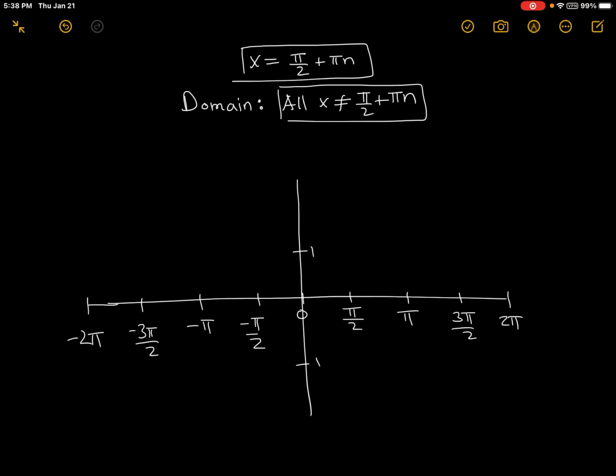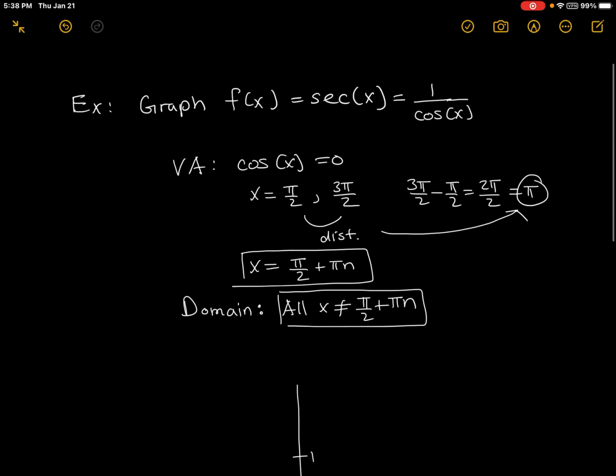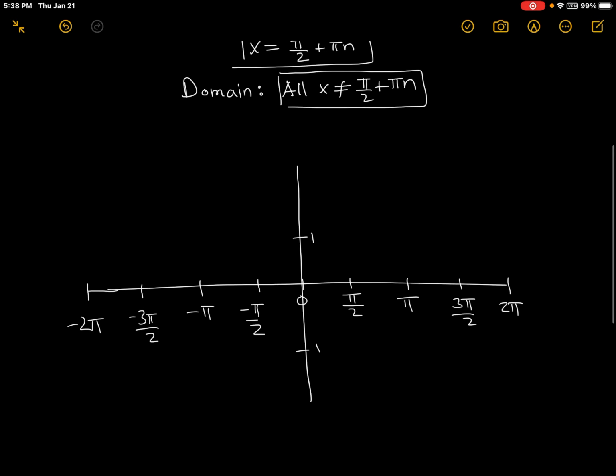Okay, so start by graphing your cosine graph, because secant is 1 over cosine, and I'm going to graph a dashed line. So cosine of 0, of course, is just 1. Cosine of pi over 2 is 0, and then so forth. Make sure I write negative 1 over here, and make sure you go into the negative x-axis.